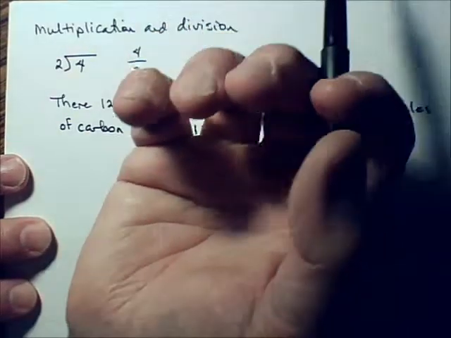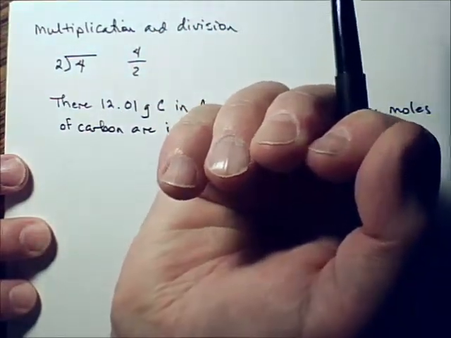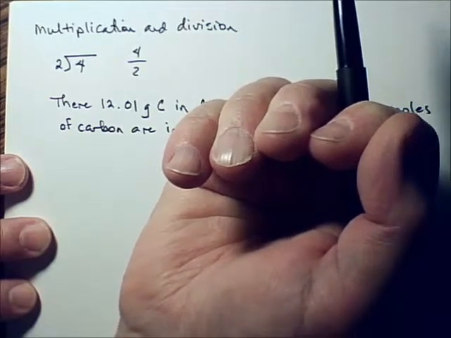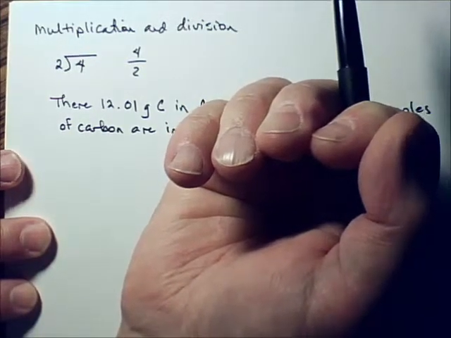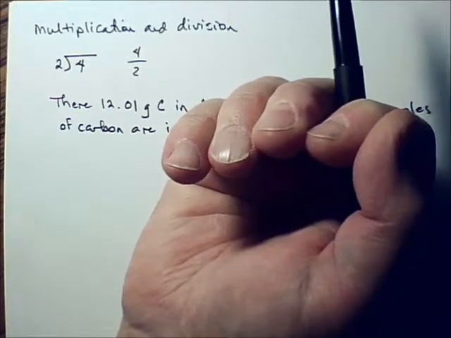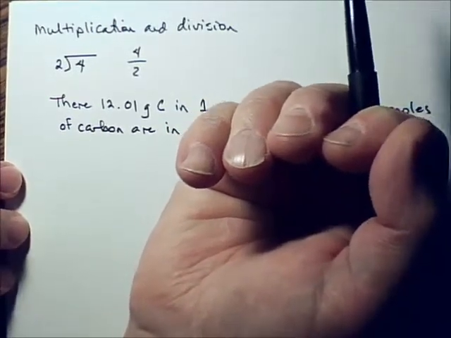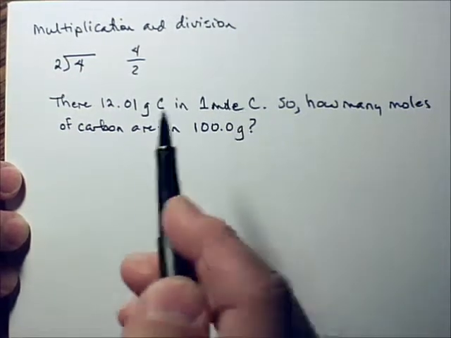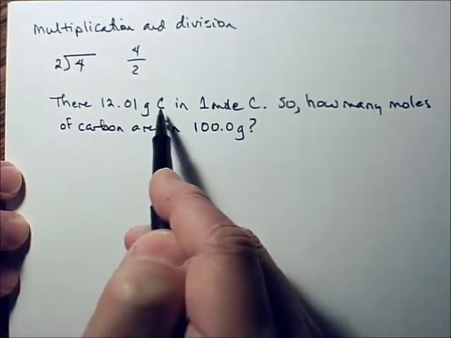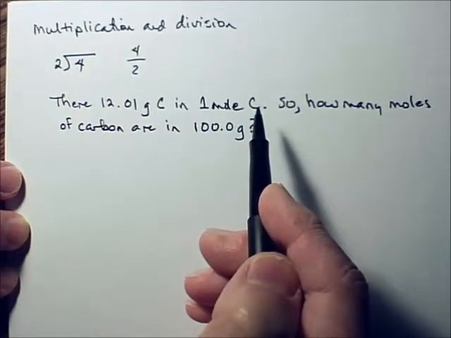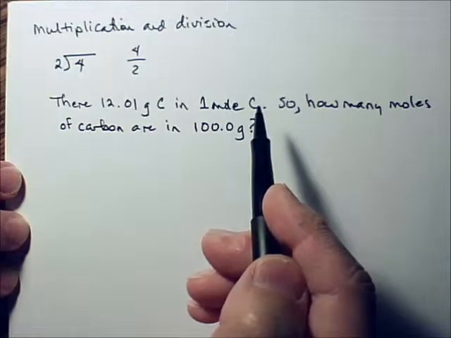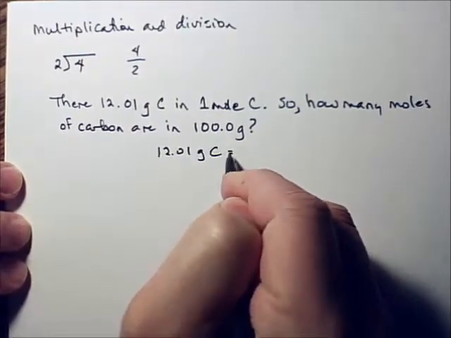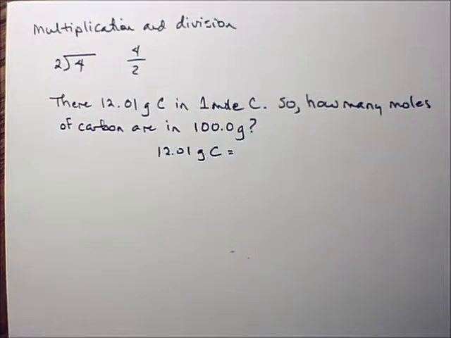If I have an amount in my hand that comes to 12.01 grams, and I were able to figure out how many carbon atoms there are, and then divide by Avogadro's number, I would find there'd be 1 mole of carbon. Make sense? So 12.01 grams of carbon is equal to a mole. Anybody confused? All right, so we can write that: 12.01 grams of carbon equals 1 mole of carbon.